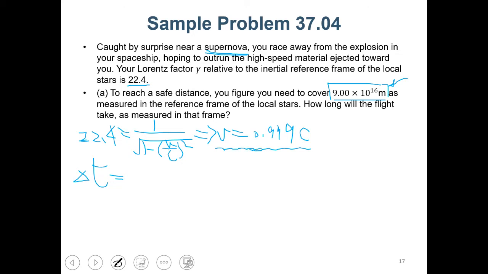Comparing to the reference frame of the star, you have a relative motion, so that this should be L rather than L0. This will be L.